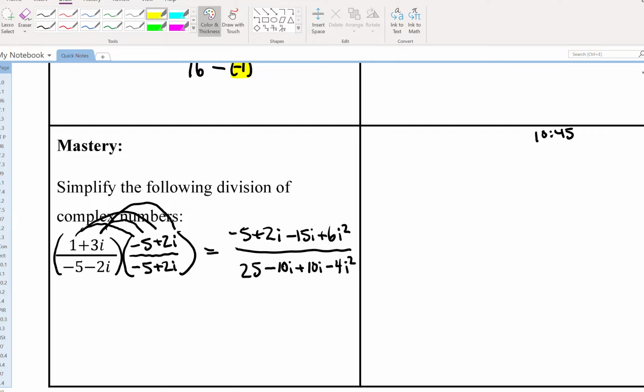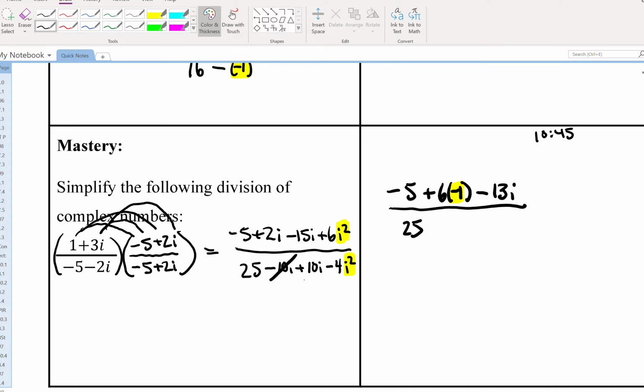I'm going to highlight my i squared, so remember to take those out. As a result, I get negative 5 plus 6 times negative 1, plus 2i and minus 15i would give me negative 13i. And then this is over on the bottom, 25.